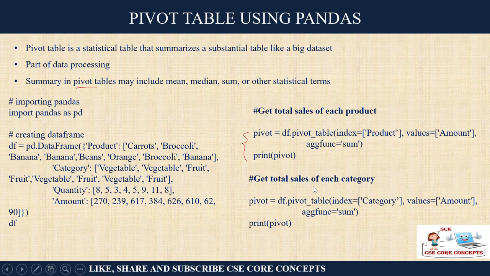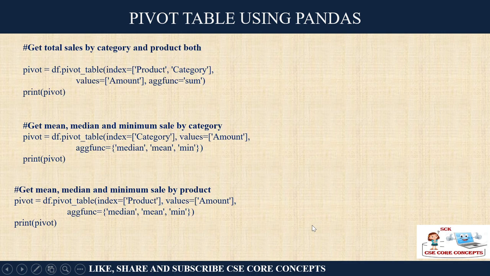So if you want to get the total sales of each category, this is how you can print the pivot table. Now you can do it based on both category and product, minimum sale. These are the different examples I have kept. That is df underscore pivot table based on product category. You want to find out the sum. You want to do it only based on category. You want to find the median, mean and min.